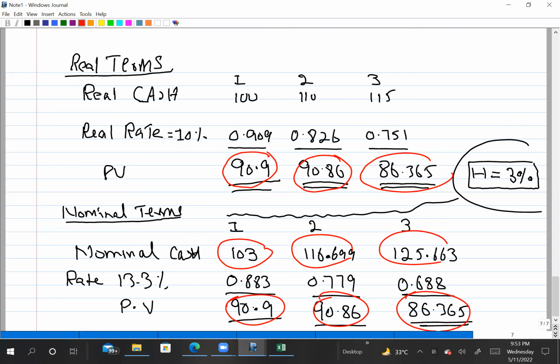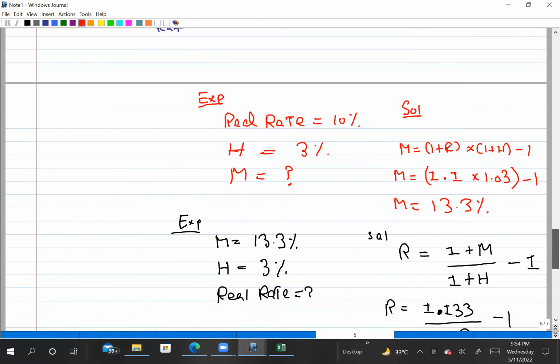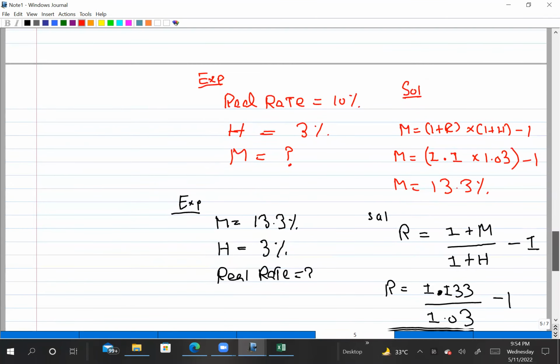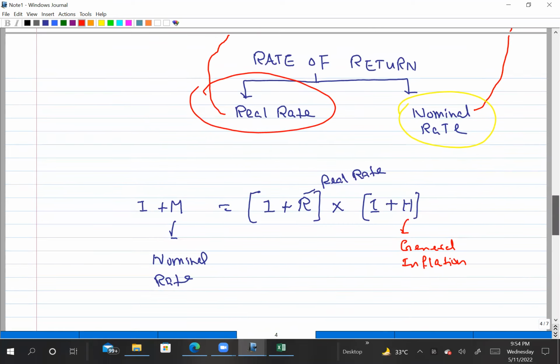You get it? So it was the Fischer effect, the concept of Fischer effect.